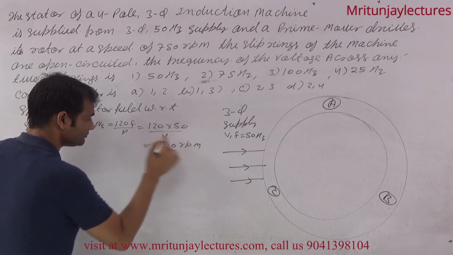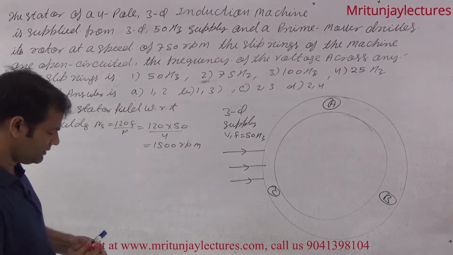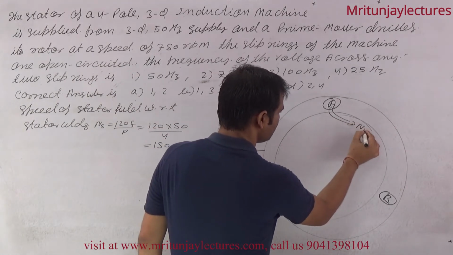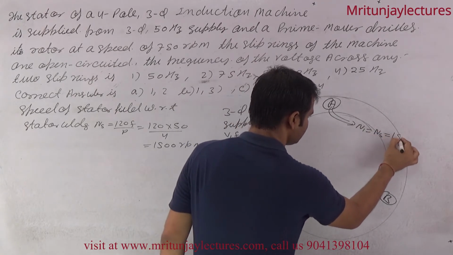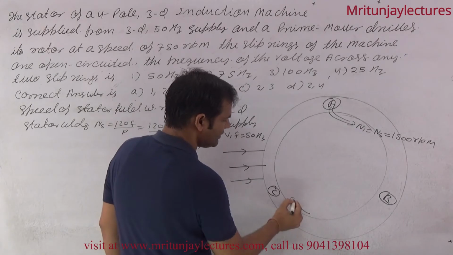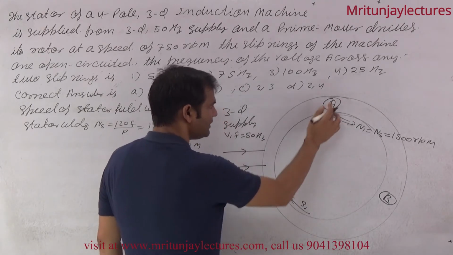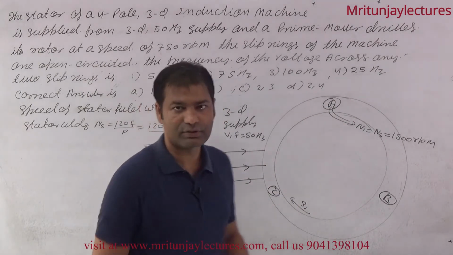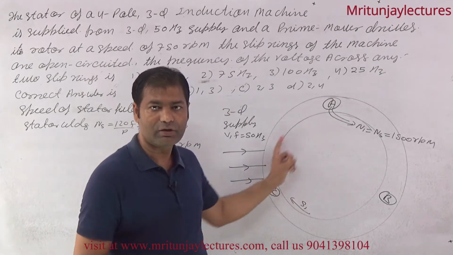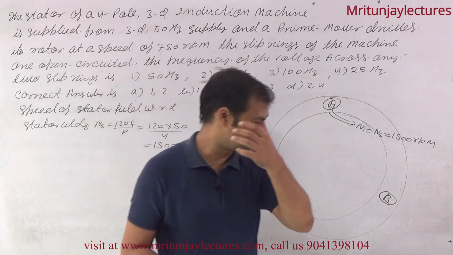Clear? It means the speed of stator field with respect to stator winding, that is N1, is equal to Ns, which is 1500 rpm. Corresponding to the question, if this is N1, this is S1. If you sit on the stator, you see the stator field moving in the clockwise direction. Clear?